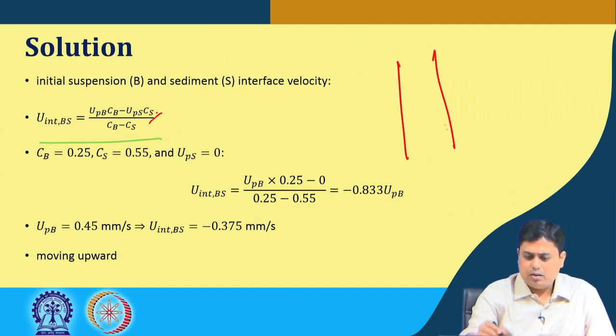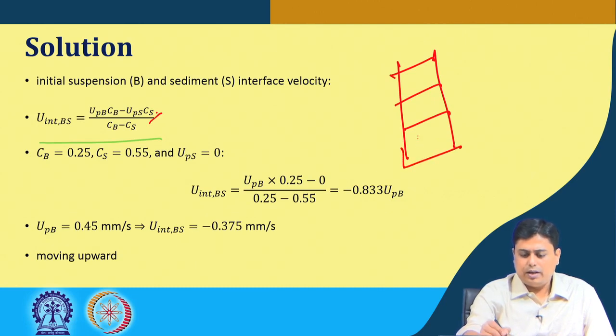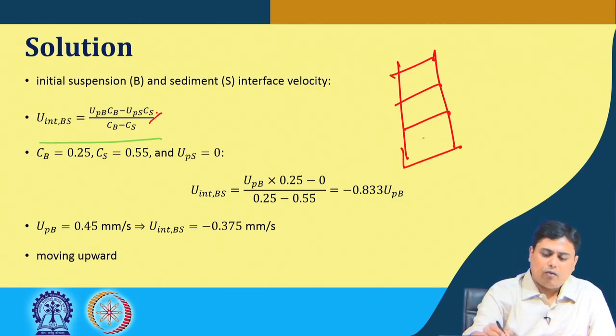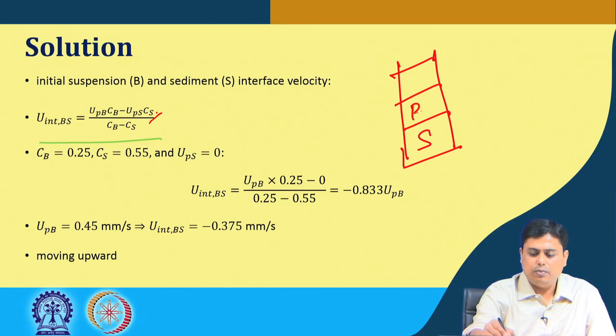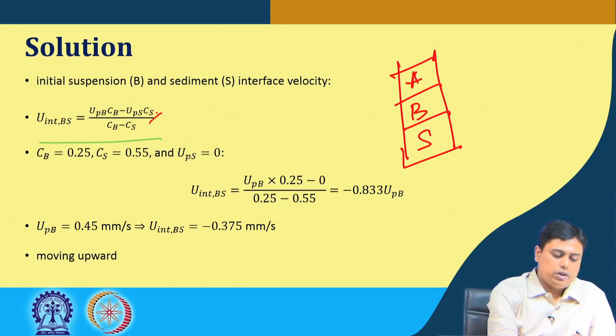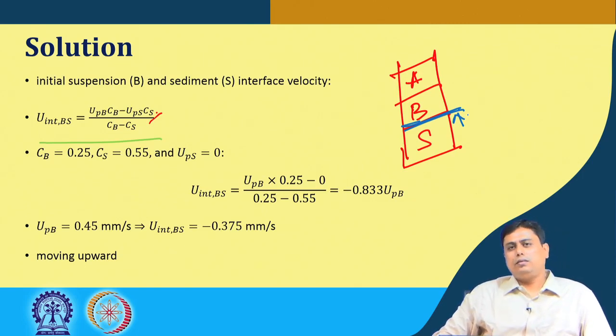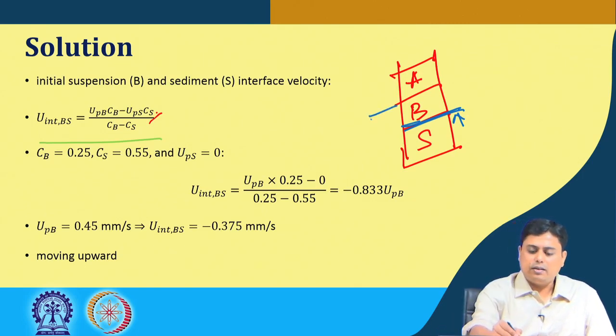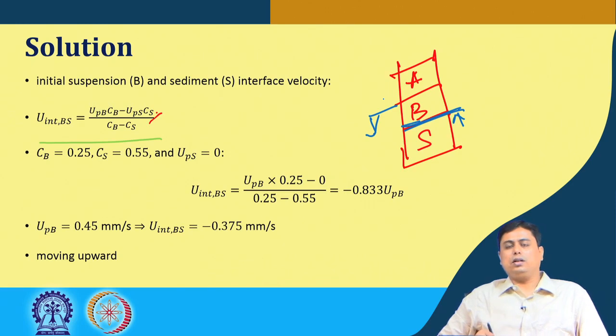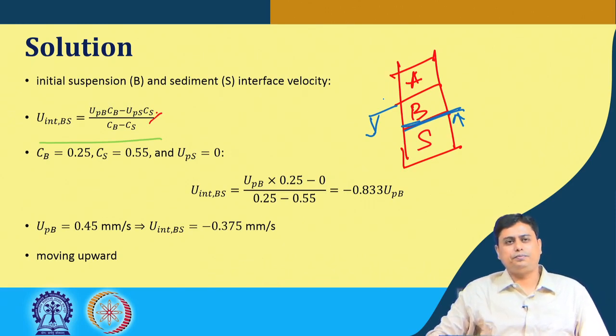So again, for the sake of your understanding, this is what we had: our S zone, this is the B zone, and this is A. The question was the rate at which the interface here is rising, because this one is decreasing, this is coming downward.